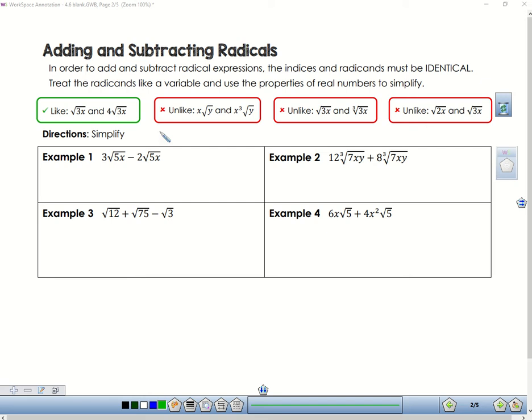They have to be the same type of radical and have the same radicand. But I noticed the most common mistake people make is having a variable to different powers on the outside, and those are not like terms. Just like in math, we know that we can't combine x and x to the third power. So same thing. Let's go ahead and practice combining some of these that are like terms.